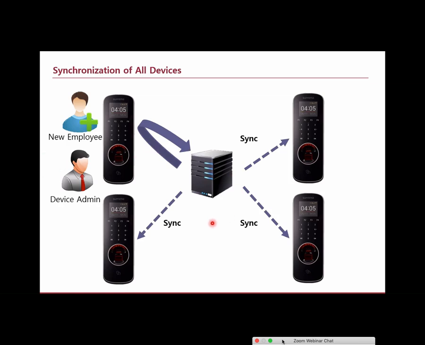This functionality works by checking user enroll edited logs from the server side. When the user enroll edited logs are uploaded to the server, it pulls the user data from the device, updates it, and syncs it to the other devices.